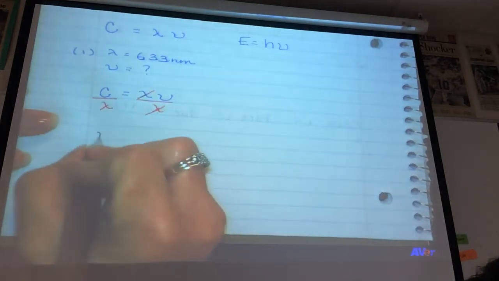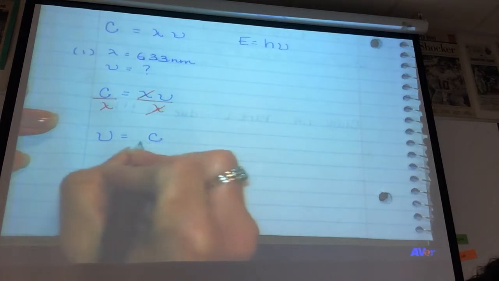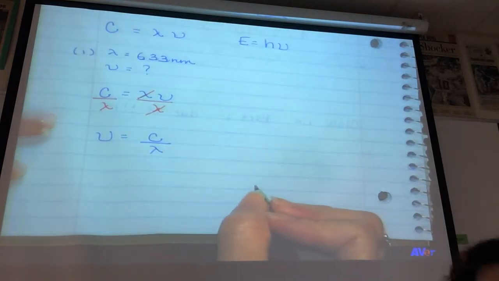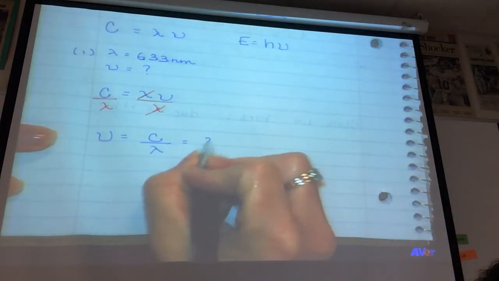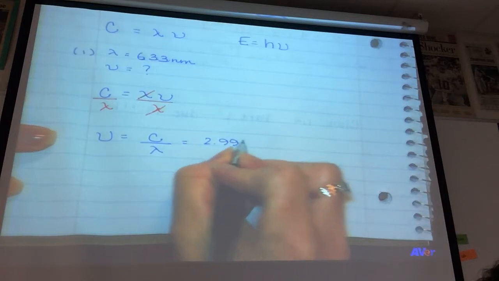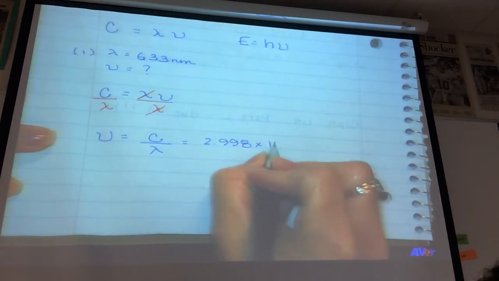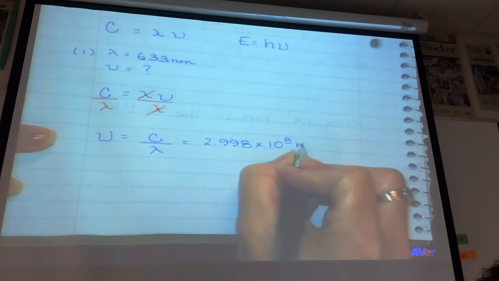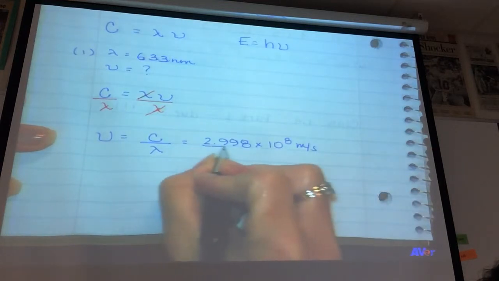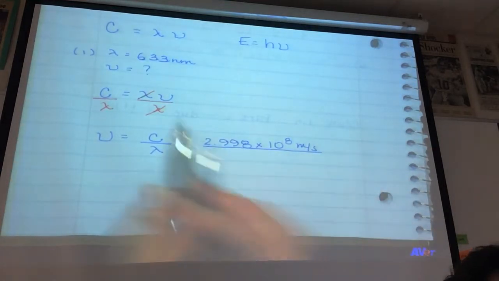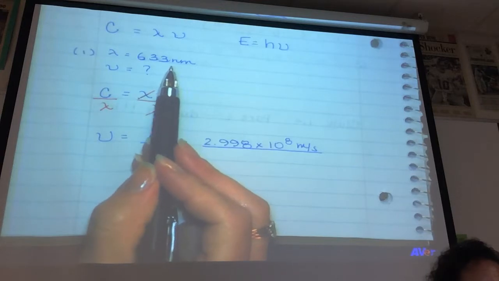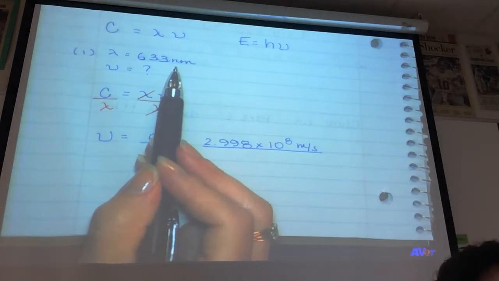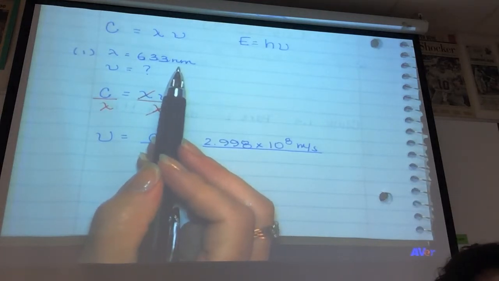And I've got the frequency is equal to the speed of light over the wavelength. The speed of light is a constant provided to you on the back of your periodic table. The unit is meters per second. They gave us the wavelength in nanometers. We need the wavelength in meters.